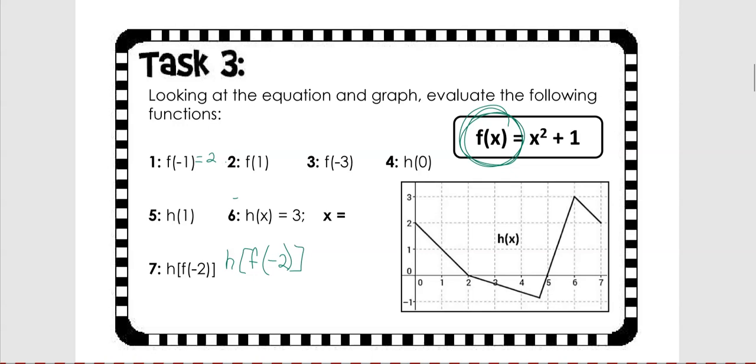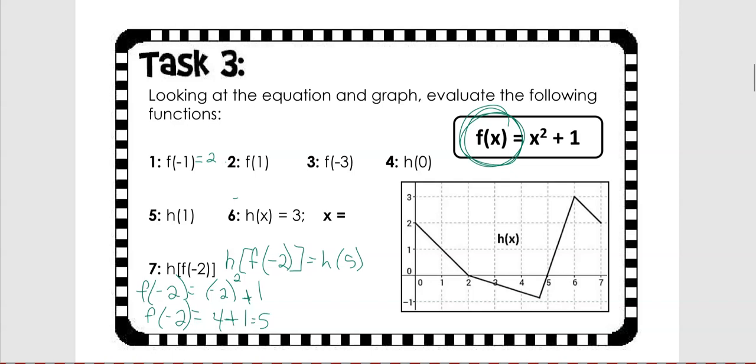So let's do f of negative 2. f of negative 2 equals negative 2, quantity squared, plus 1. All right? Negative 2 squared is 4, plus 1 equals 5. So you're going to find h of 5. I'm just going to leave it like that for now. You will find the answer.